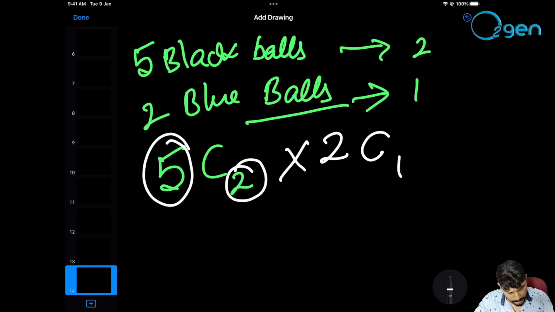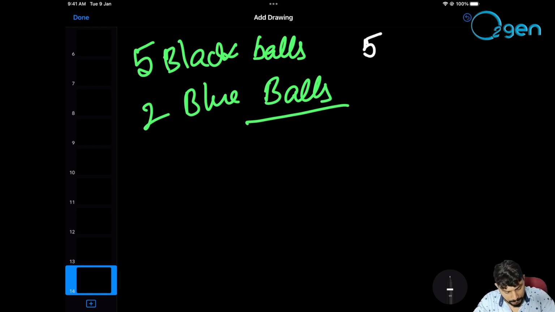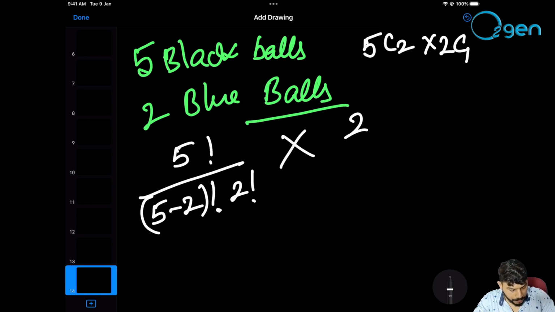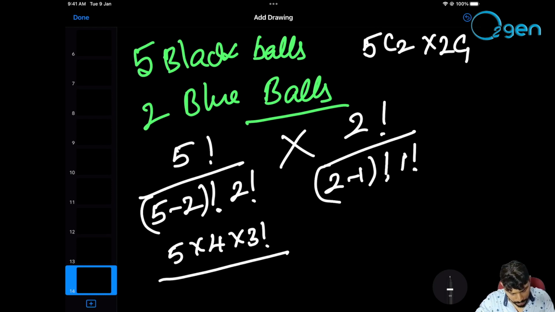So what is the formula? It is 5C2 into 2C1. 5C2 is 5 factorial divided by (5 minus 2) factorial into 2 factorial, multiplied with 2 factorial divided by (2 minus 1) factorial into 1 factorial. Simplifying, 5 into 4 into 3 factorial divided by 3 factorial into 2 into 1.